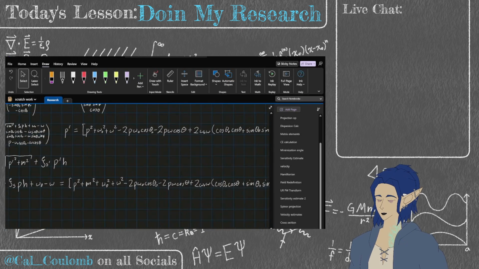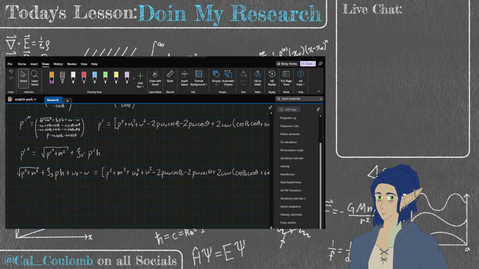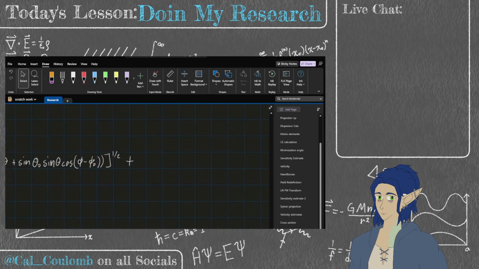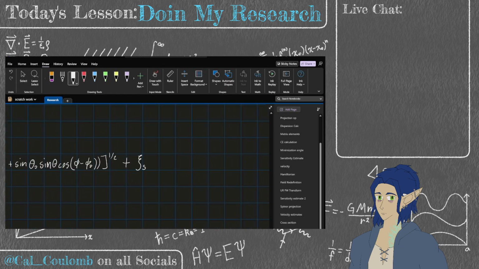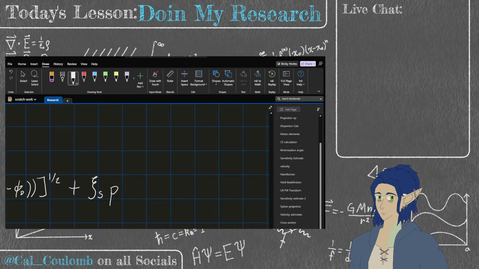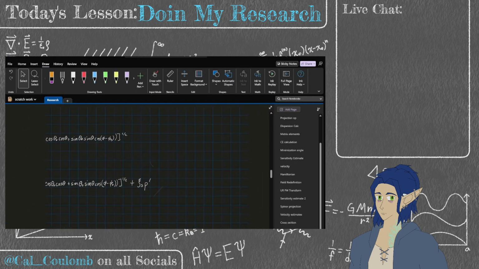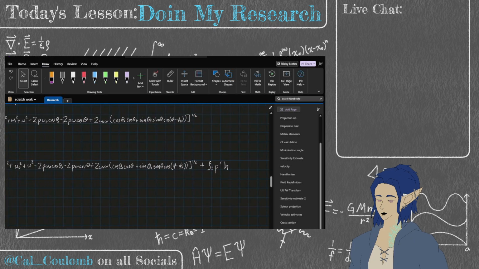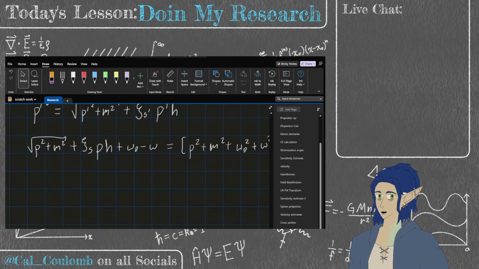Actually, the m squared I just reordered and put it there, plus cs p prime h. And I'm going to put the p prime h on the other side. So let's group things together. So we have p squared plus m squared plus omega naught minus omega.